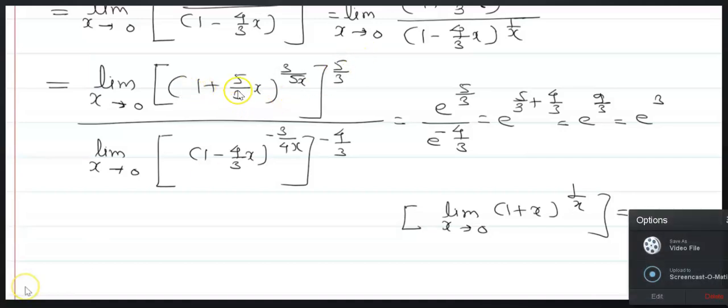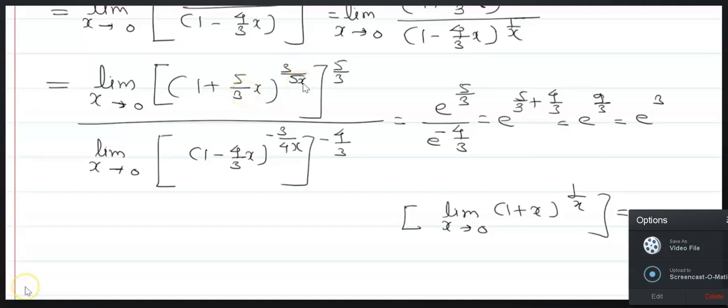Now here is 1 plus 5x upon 3. Now the reciprocal of this is 3 upon 5x. And to adjust here, we again raise the bracket to 5 upon 3. We require the reciprocal of 5x upon 3, which is 3 upon 5x.